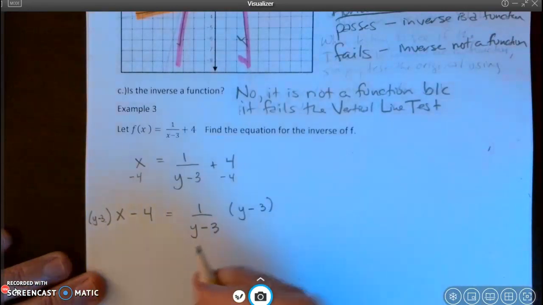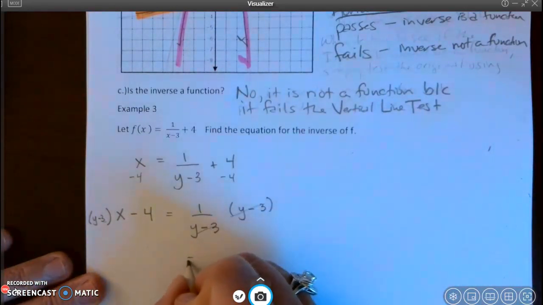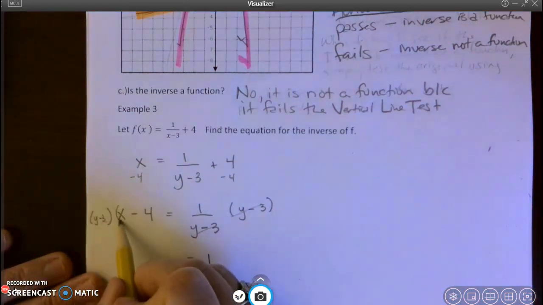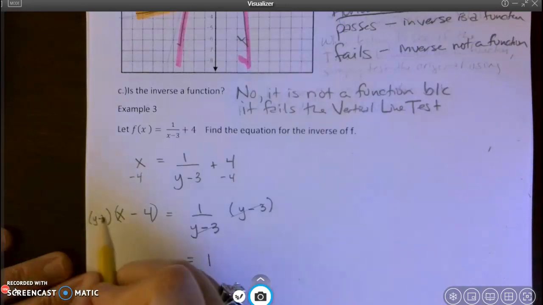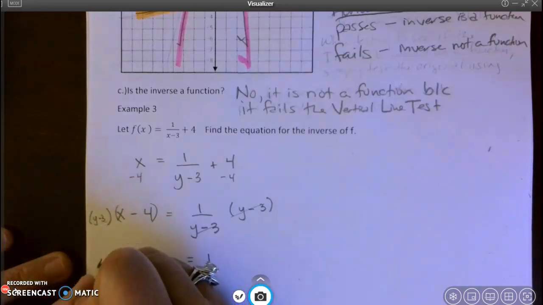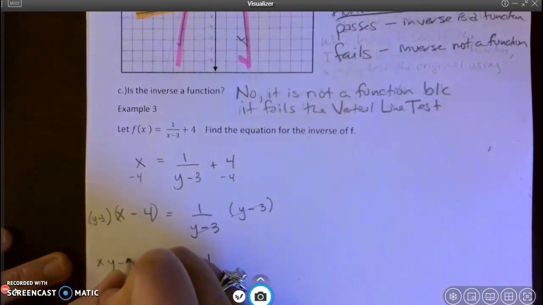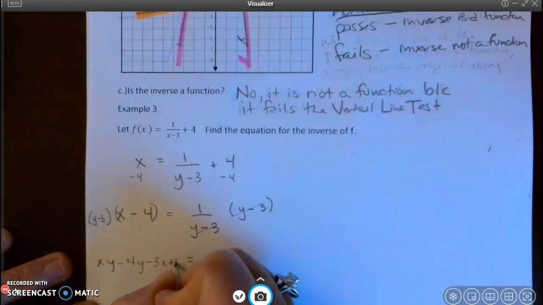On the right, those y minus 3's cancel and we get 1. On the left, y minus 3 is being multiplied by the entire quantity x minus 4, so I'm going to have to use FOIL. My first terms give xy, and then minus 4y, minus 3x, plus 12.